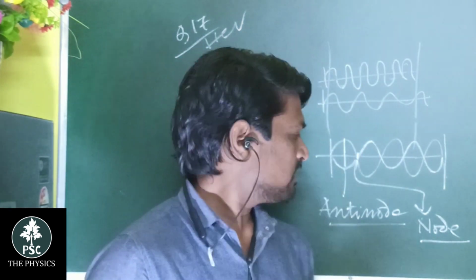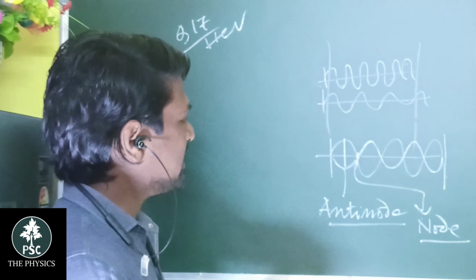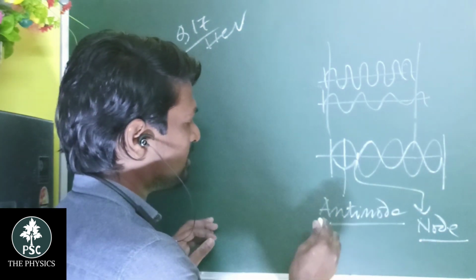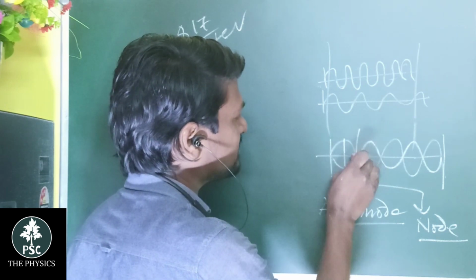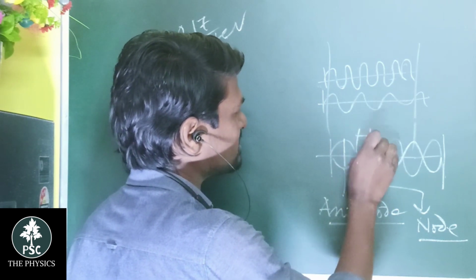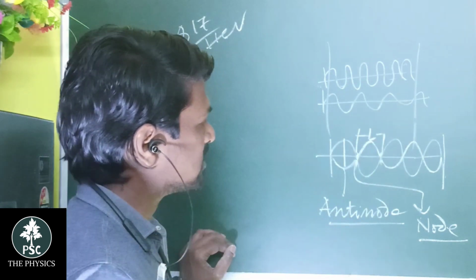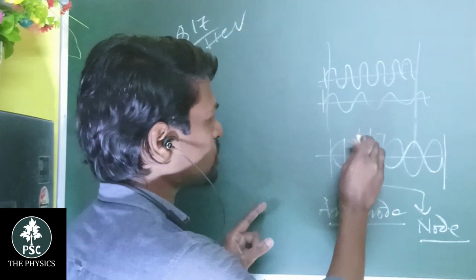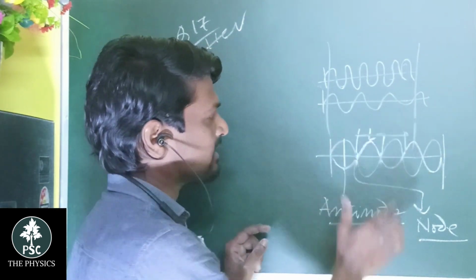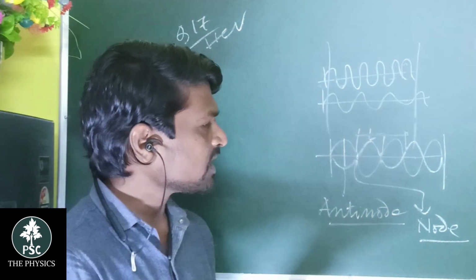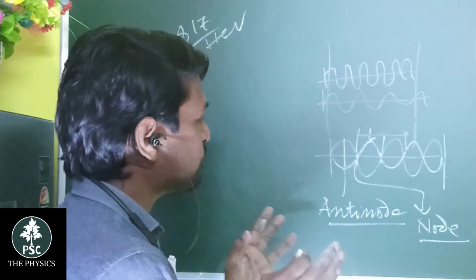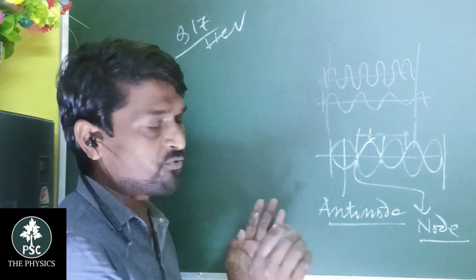So this is a node and this is a node. This is the length between consecutive nodes, and this is also the length between nodes.